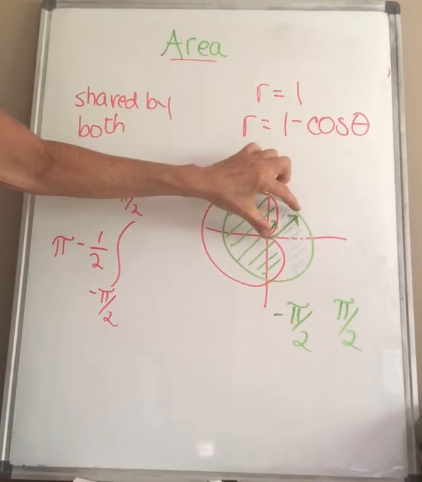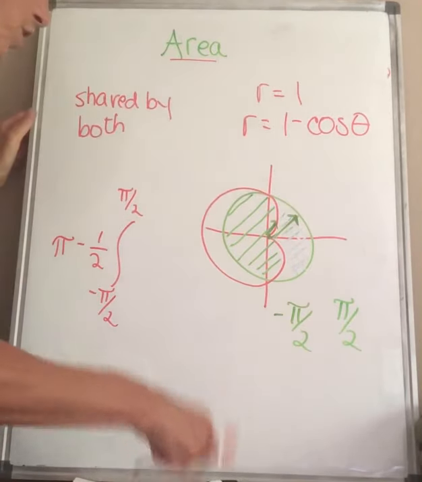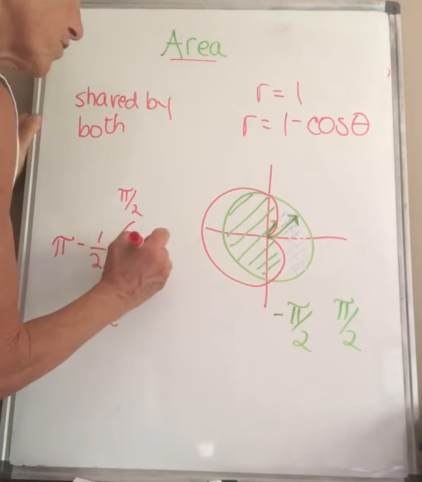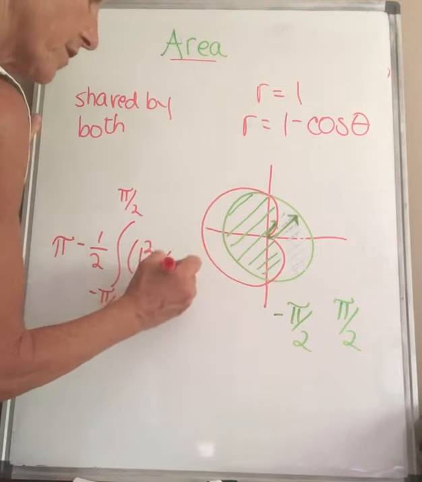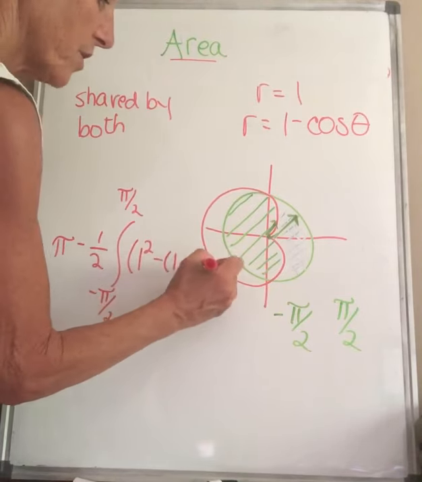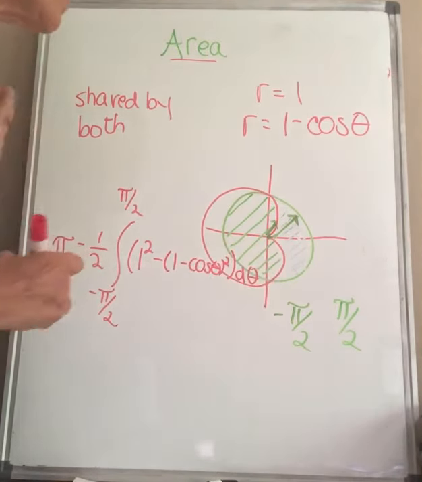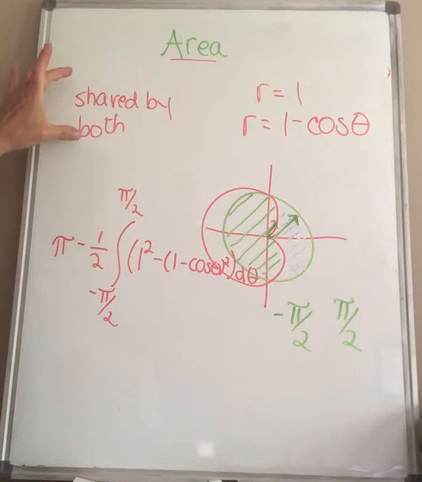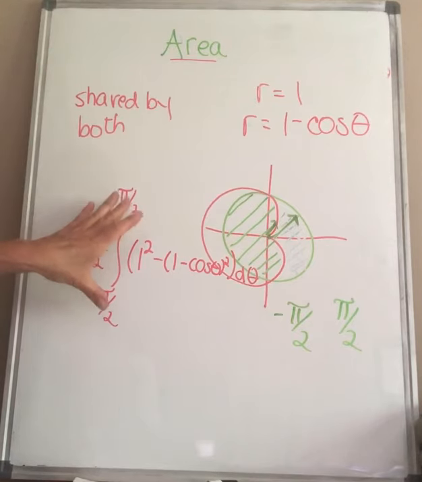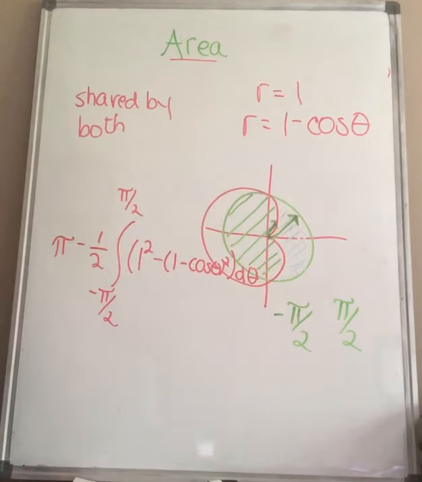My larger one goes to here. So I have 1 squared minus parentheses 1 minus cosine of theta squared d theta. And that will get you the region that's shared by both. Even though this gets us the wrong region, we can simply subtract it from the area of the circle, as we know.